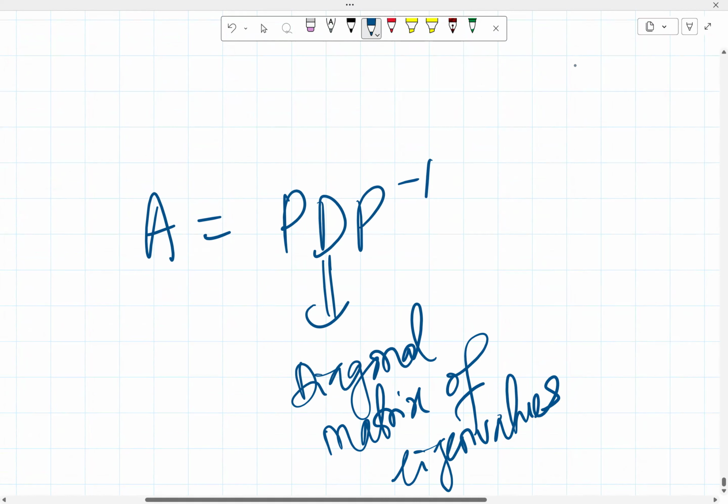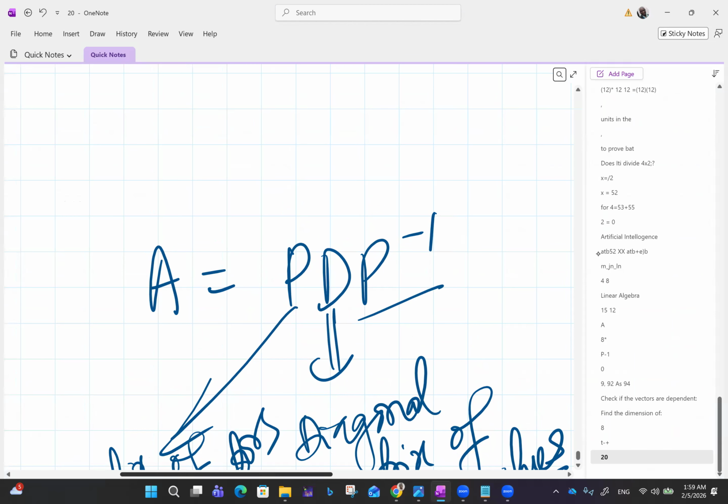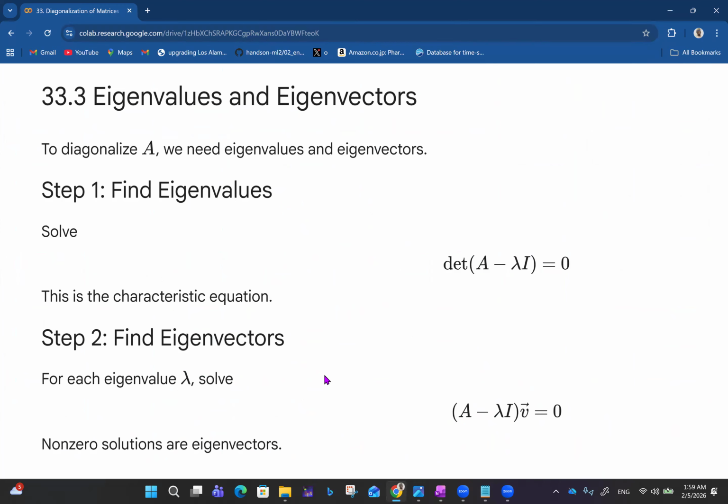So you see eigenvalues playing out here, whereas P is a matrix of eigenvectors, and P inverse is the inverse of that matrix of eigenvectors. That's why we can't talk about diagonalization without talking about eigenvalues and eigenvectors, right?